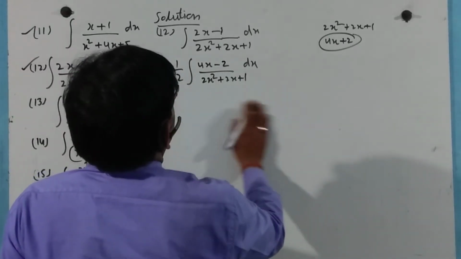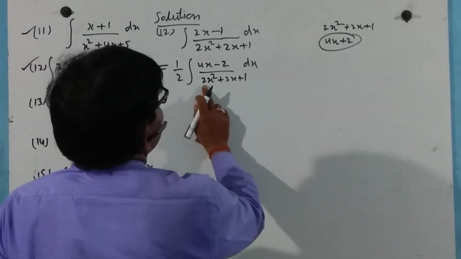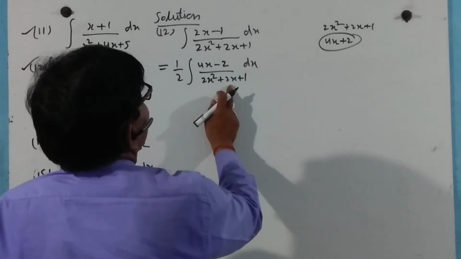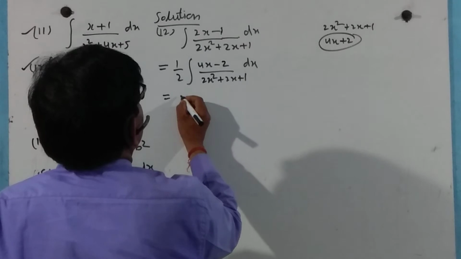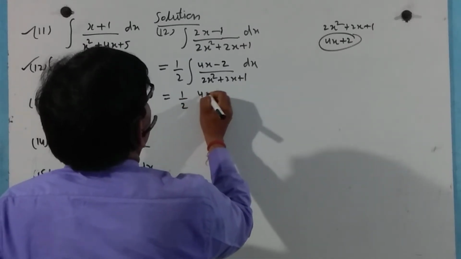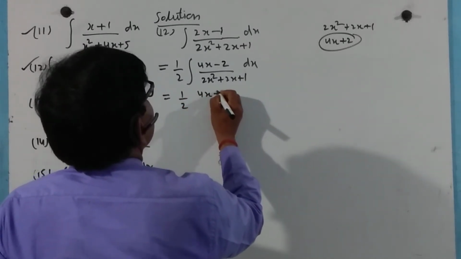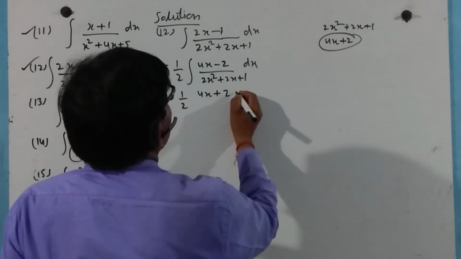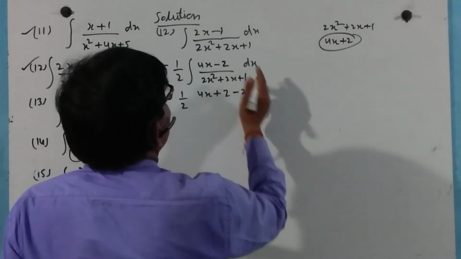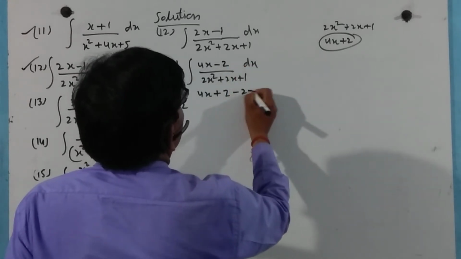Now in this case, 4x + 2 here minus 2, so we also arrange this as 1 by 2 of (4x + 2), adding 2 and subtracting 2, so minus 2 also here.